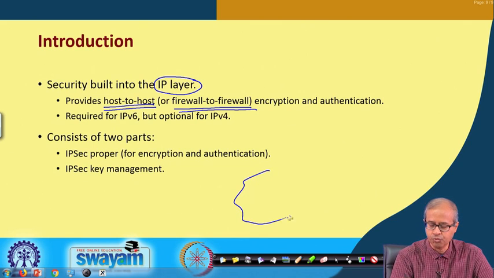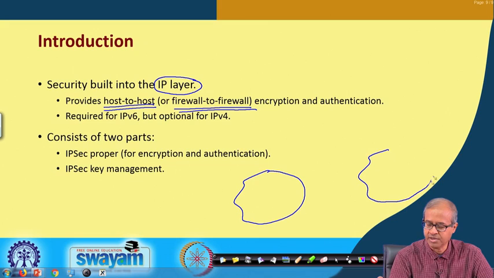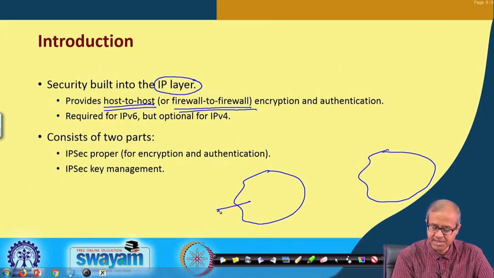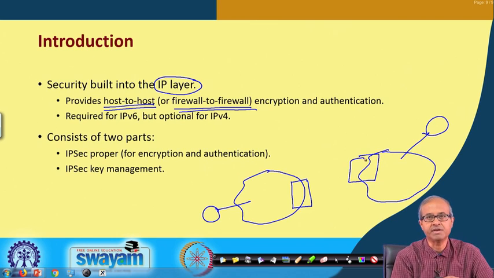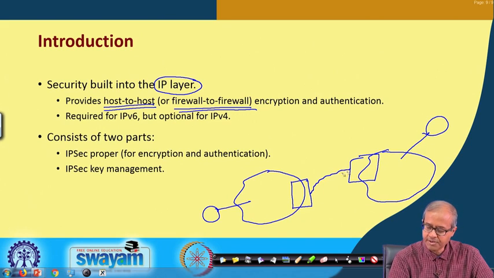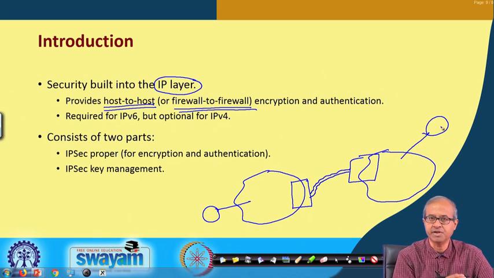because you can have two organizational networks, let us say you have one here, and you are sitting here, this is one host and you are trying to communicate with another host here. But there can be one firewall sitting in the boundary here and another firewall sitting in the boundary here. So, this authentication and this kind of protection security can be provided for the connection between these two firewalls if you want, firewall to firewall, or it can be even from host to host or end to end.